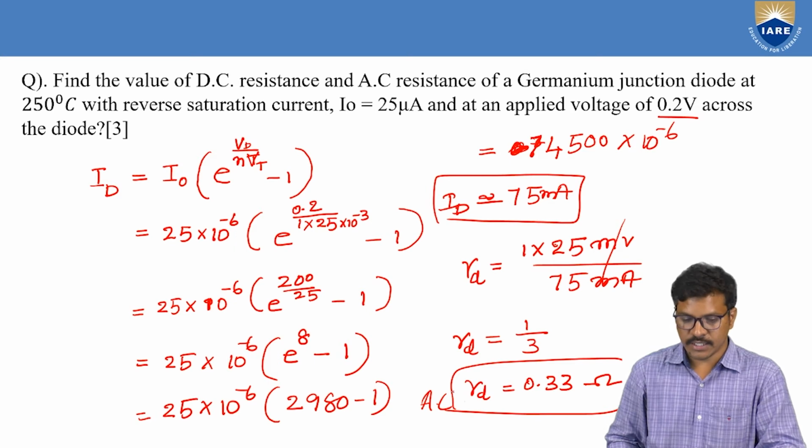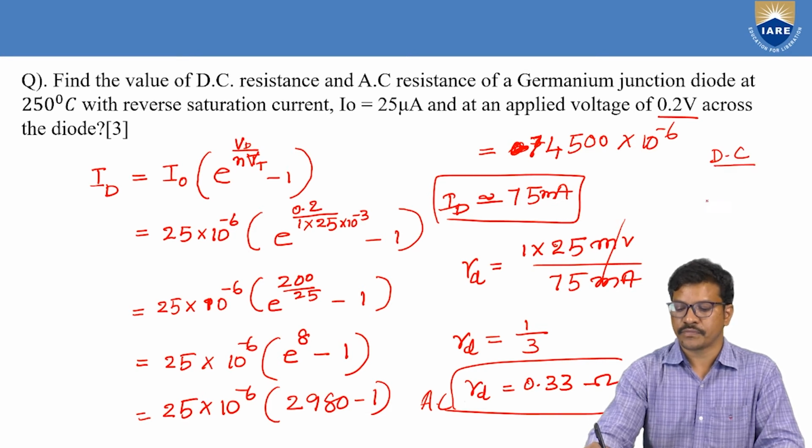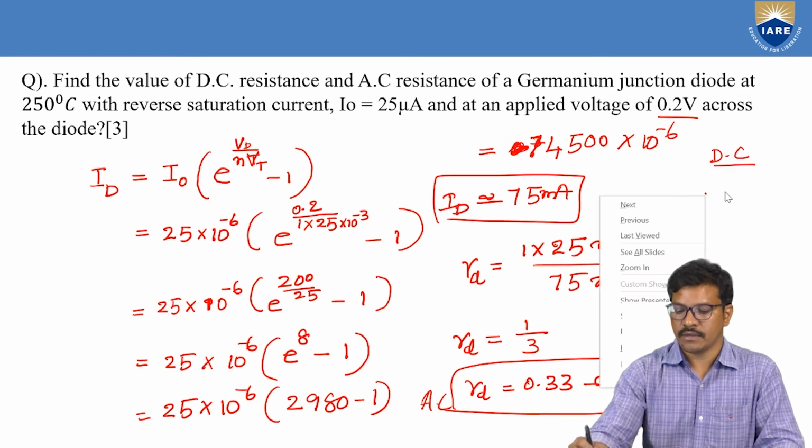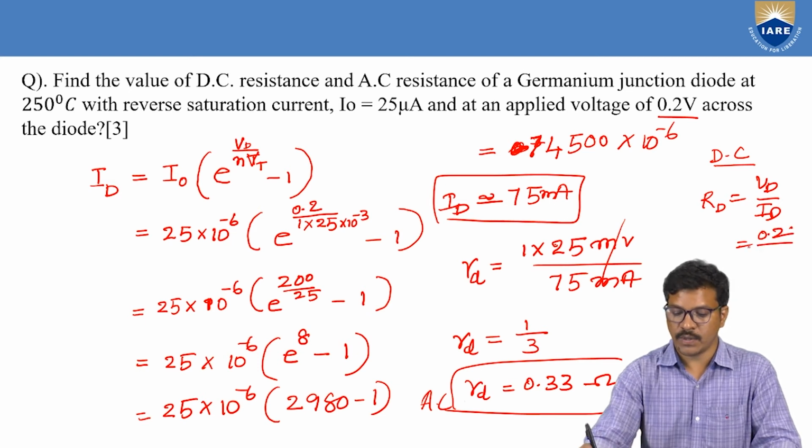And for DC resistance, we will directly find it like small rd is equal to Vd by Id. Vd is equal to 0.2 volts divided by Id, which is 75 milliamperes.